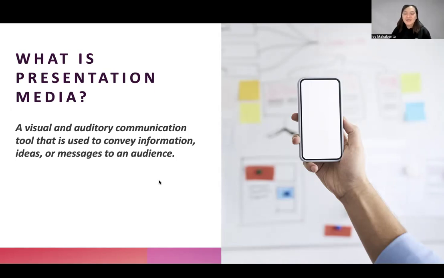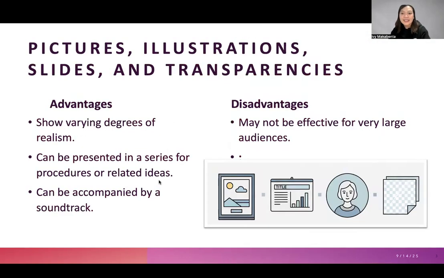And today, I am very excited to share with you 13 media types and their respective strengths and weaknesses. So let's first start with some of the more traditional ones. We have pictures, illustrations, slides, and transparencies. These items are very common. Their main advantage is that they show varying degrees of realism.